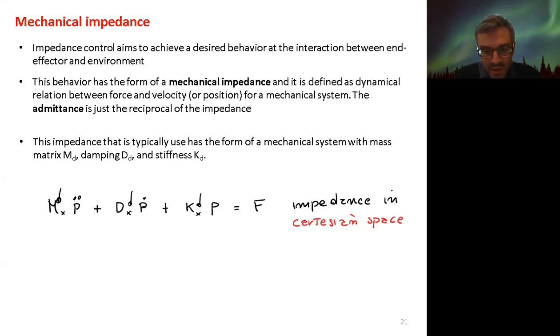And usually impedance control is implemented in the Cartesian space. There is not much sense in implementing it in the joint space, because our interaction forces are usually happening at the end effector level.